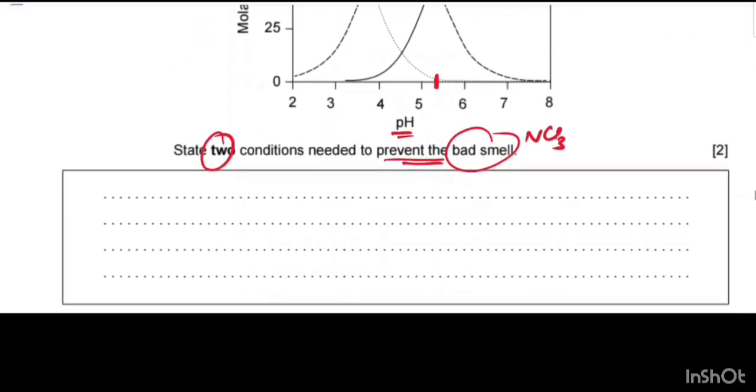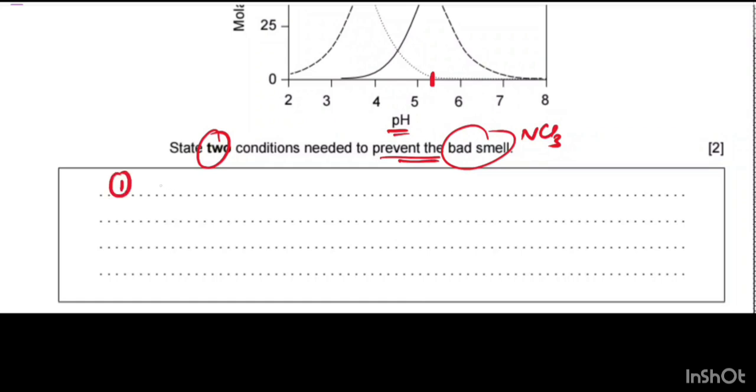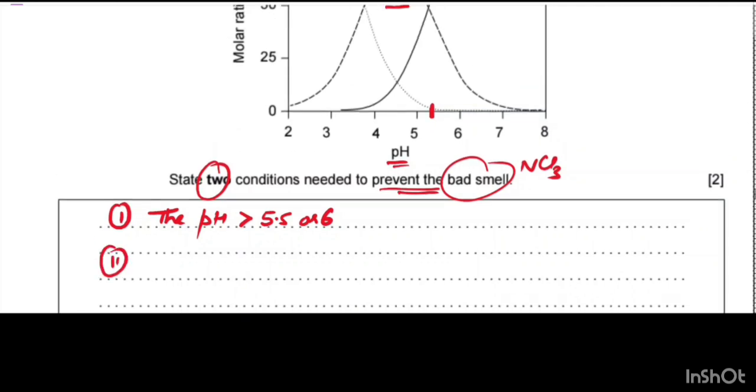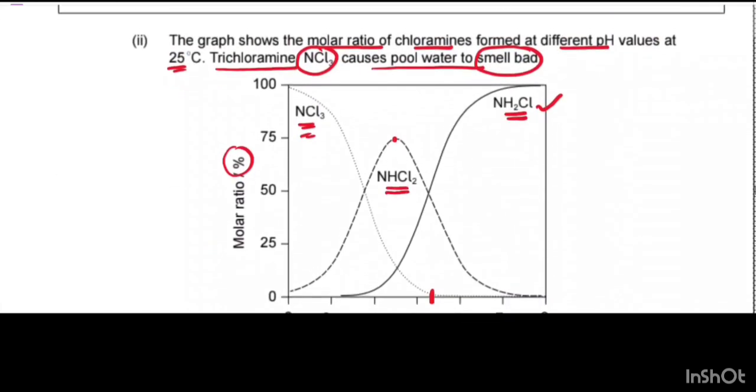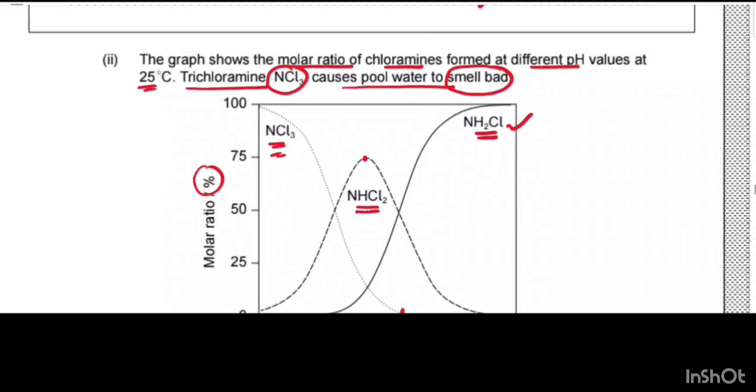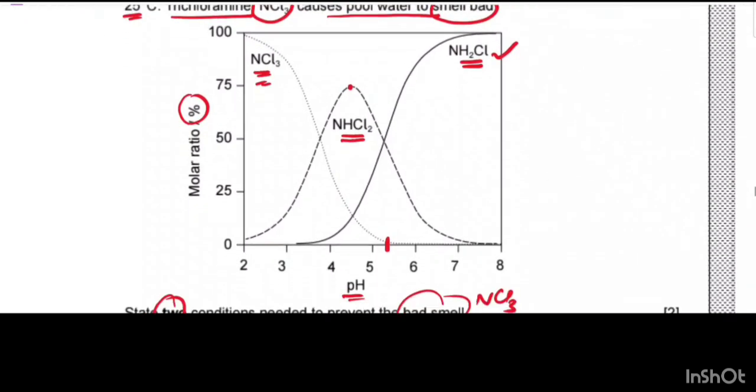The first condition needed to prevent bad smell is the pH should be kept greater than around 5.5 or 6. The second condition is, as we know, there are 3 moles of chlorine in NCl3, 2 moles in NHCl2 and 1 mole in NH2Cl.